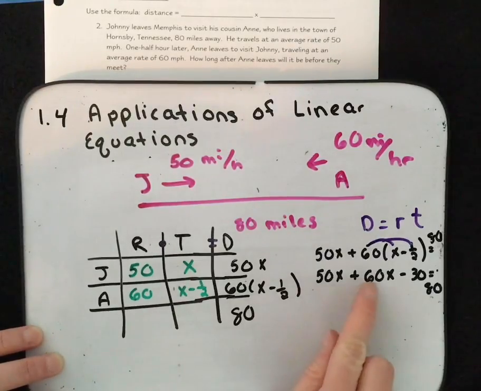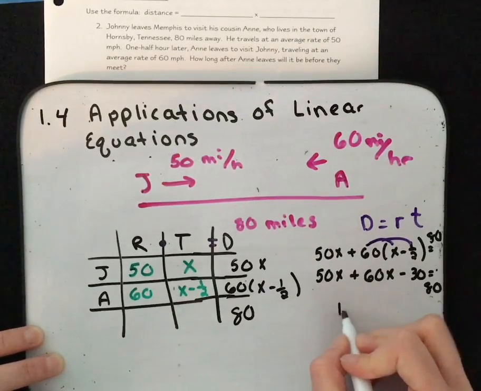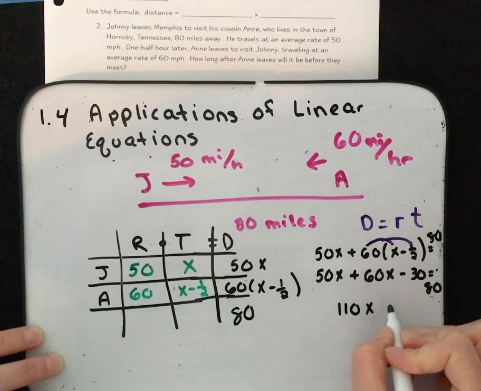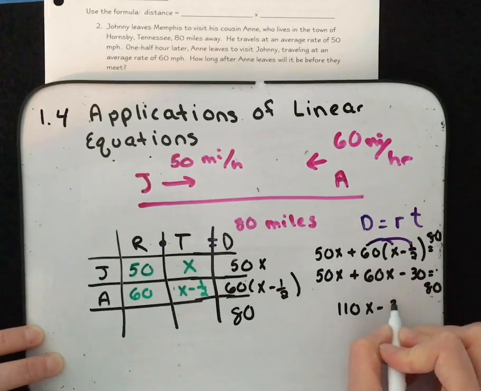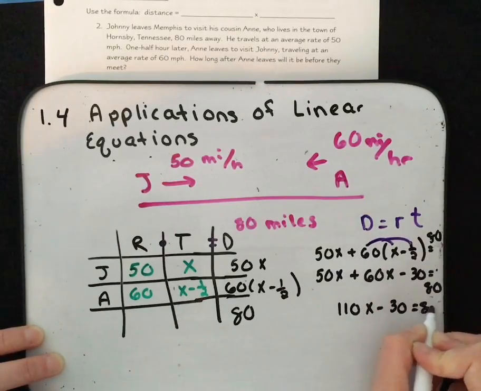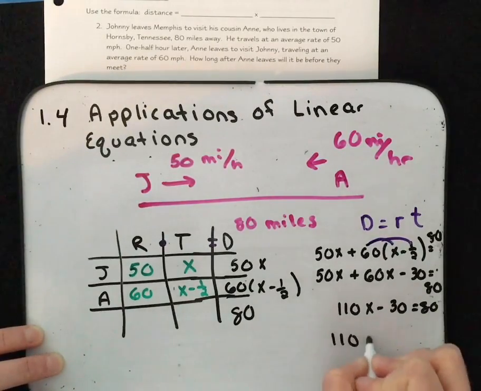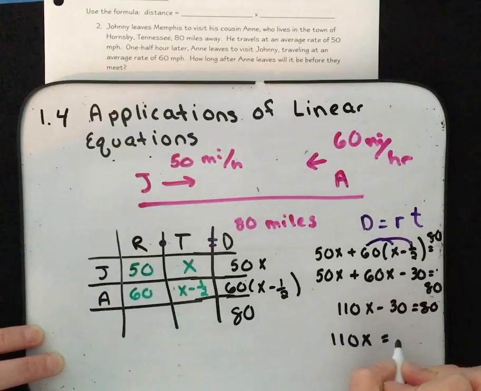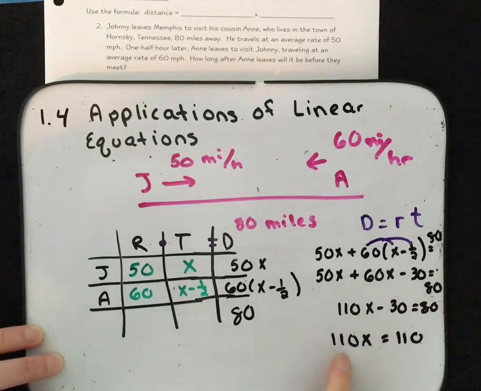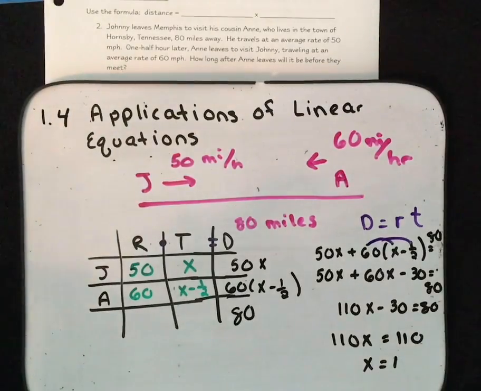Combine our like terms: 50 plus 60 is 110. Add 30 to both sides. Divide both sides by 110. So we found out that x equals 1.